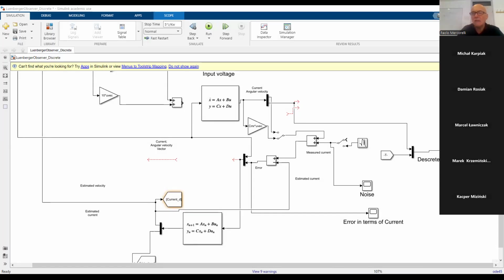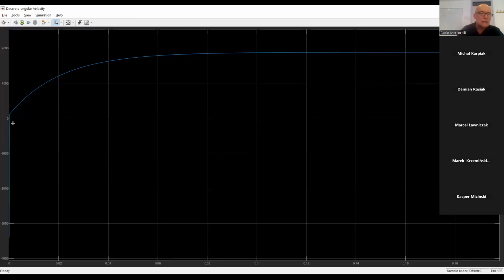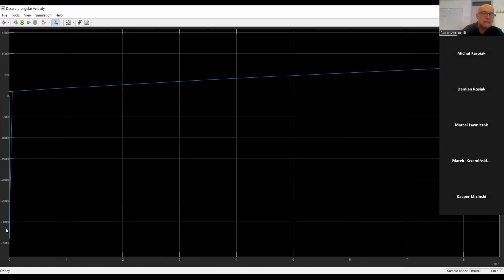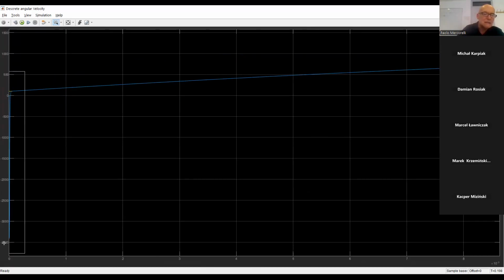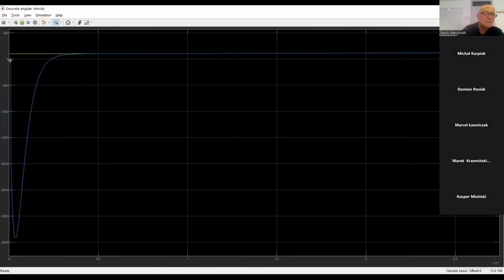Let me make it a little bit smaller. Ah, too small. Yeah, we can see just one line, but it's not exactly correct, because at the beginning you can see that we have an error, no?